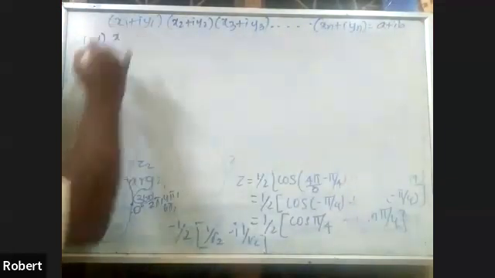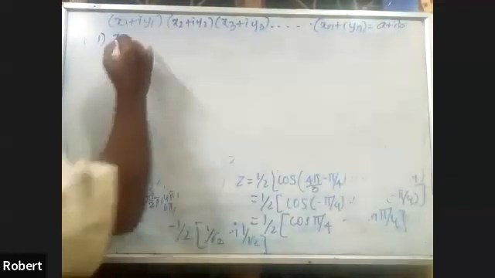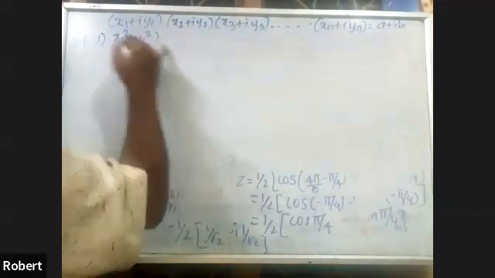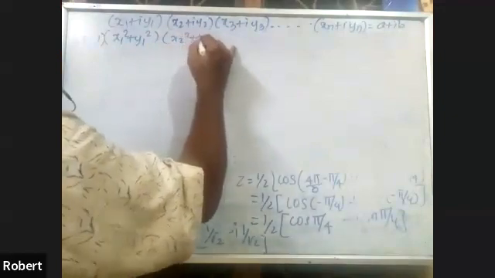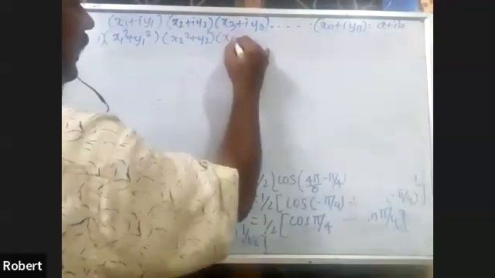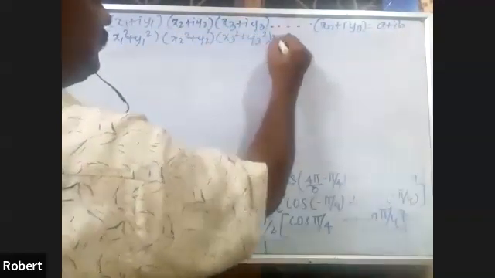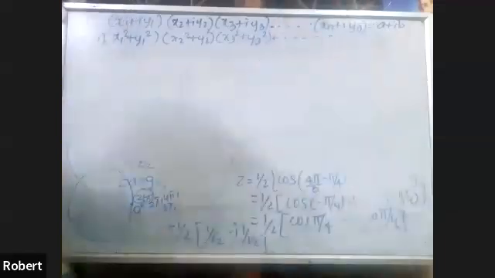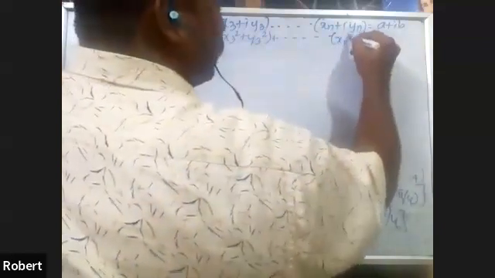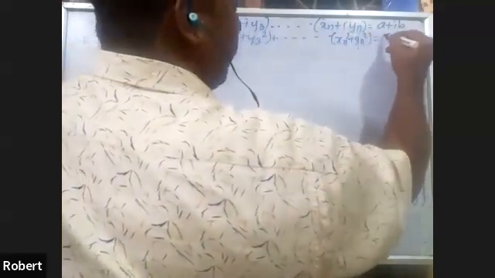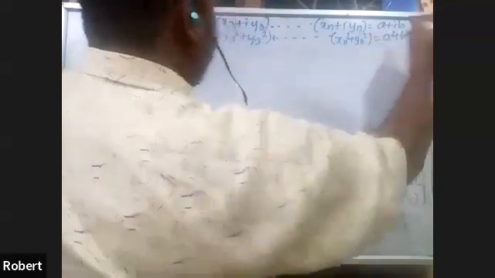Show that x1 square plus y1 square, x2 square plus y2 square, x3 square plus y3 square, and so on up to xn square plus yn square, is equal to a square plus b square.